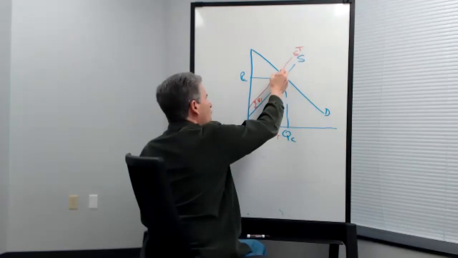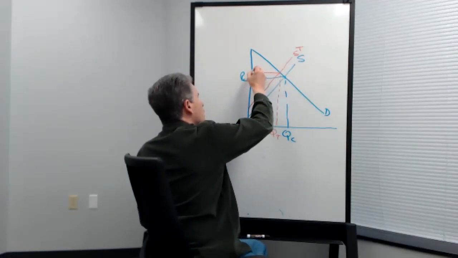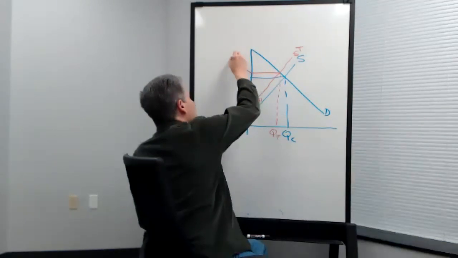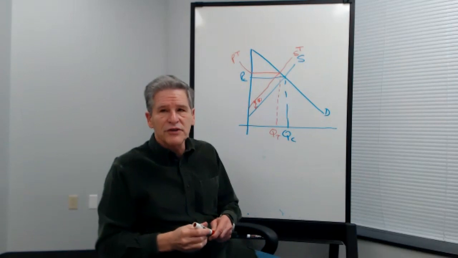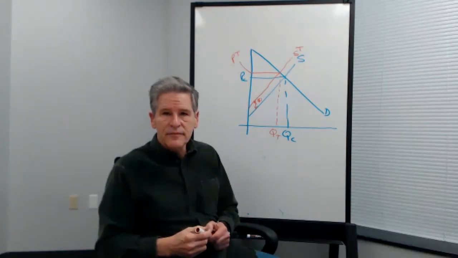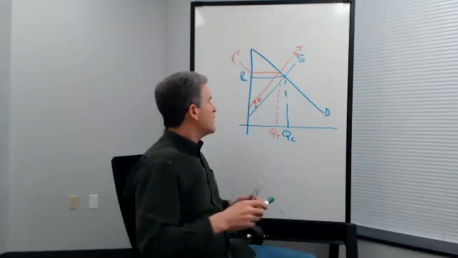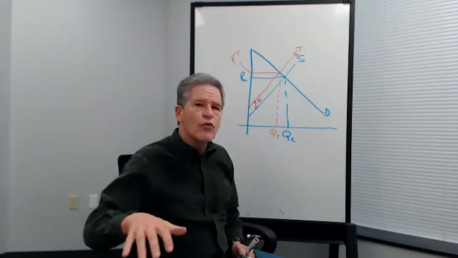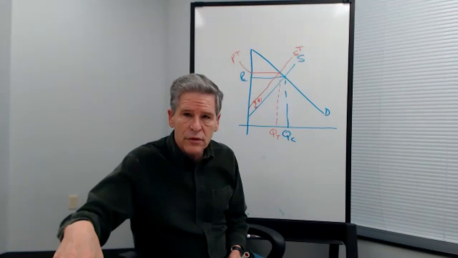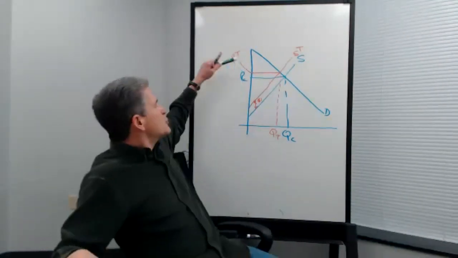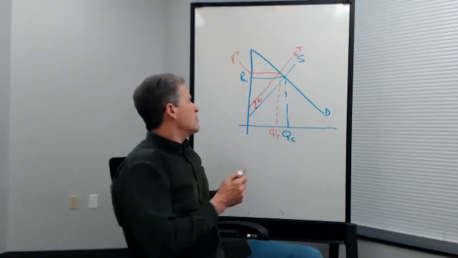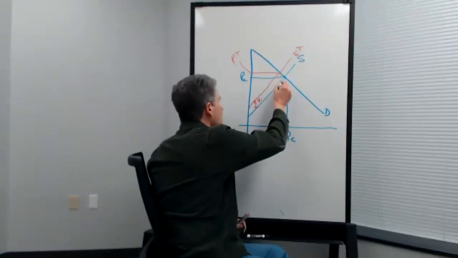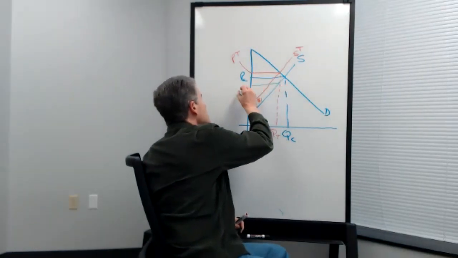The new price is PT, which is the price when there's a tax. But what is the revenue to the producers? Because remember, yes, consumers pay PT, but the producers only get to keep this amount right here. And so this is the price that the producers receive.